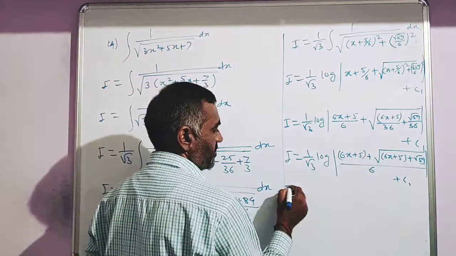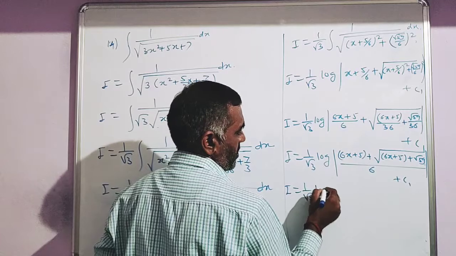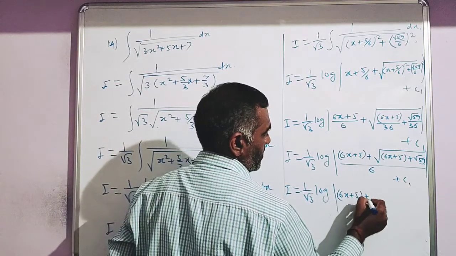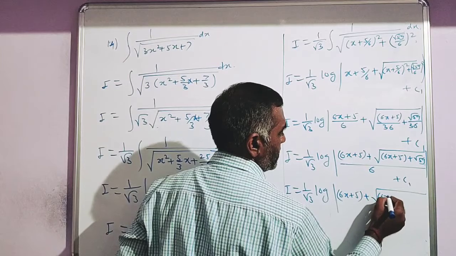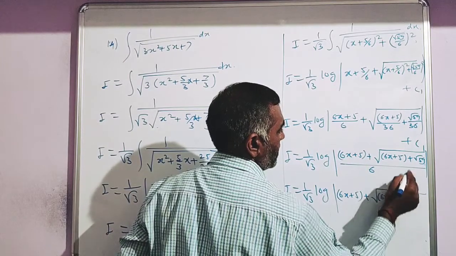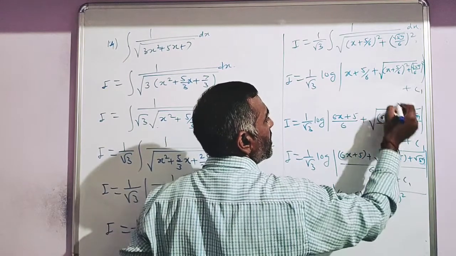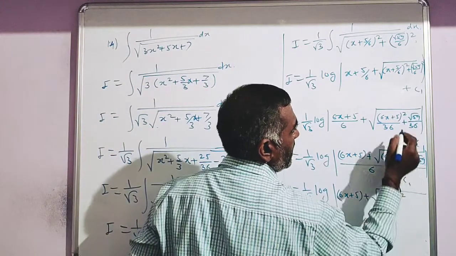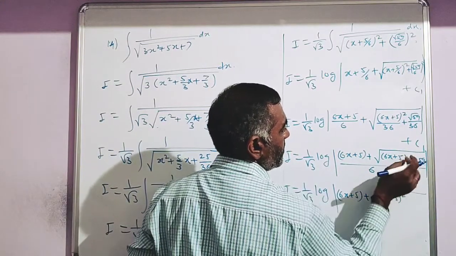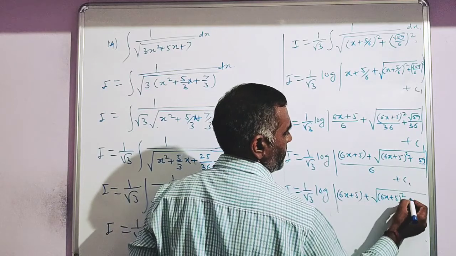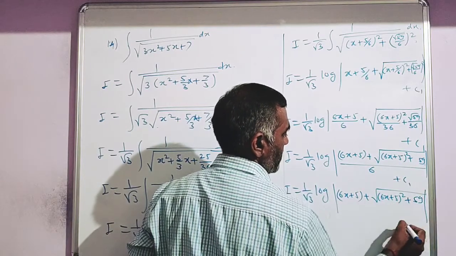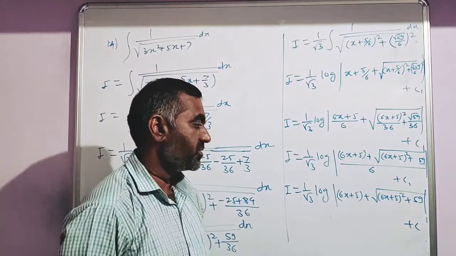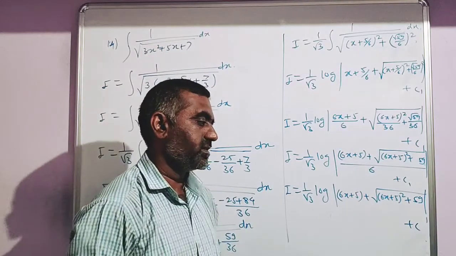Log of 6, now I is equal to 1 by root 3 log of mod of 6x plus 5 plus under root 6x plus 5 whole bracket square plus 59 plus c, whereas minus log 6 plus c1 is equal to c. This is your final answer.